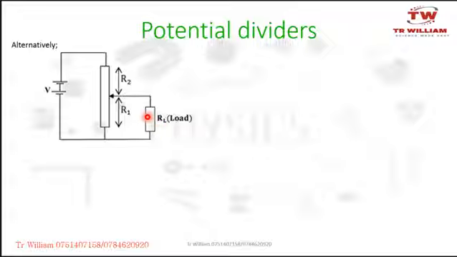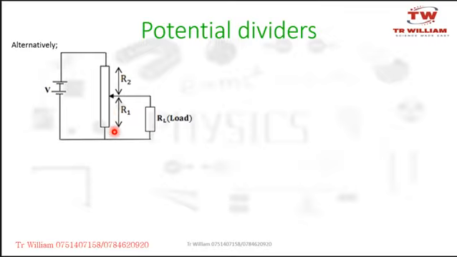Now this speaker I'm connecting to this circuit may also have its own resistance, which we call R of the load, RL, because the speaker in that case is the load. So when I connect it here, you realize the entire circuit now has not only two resistors, I now have a third resistor. But this third resistor is in parallel with R1, okay?